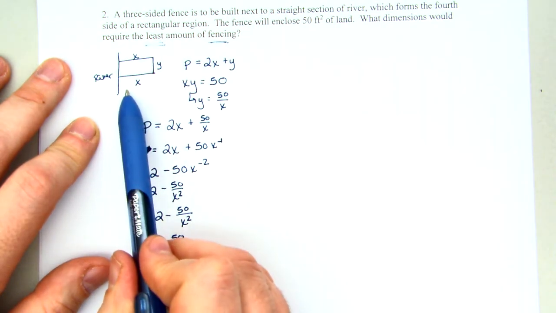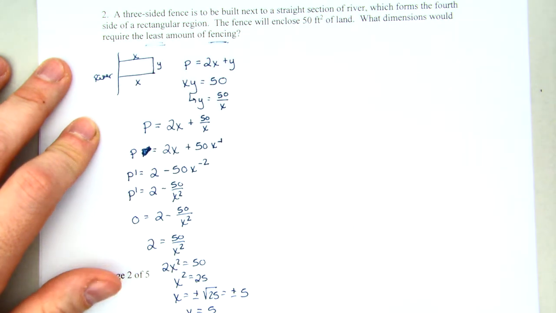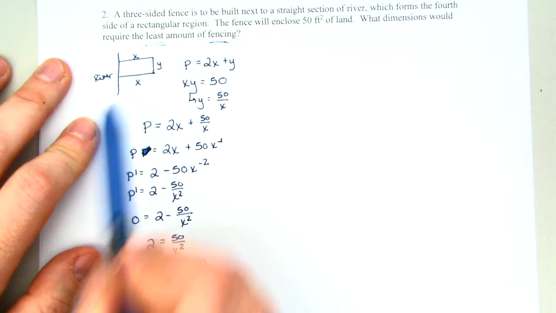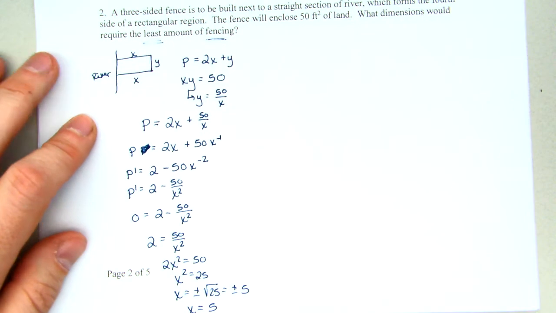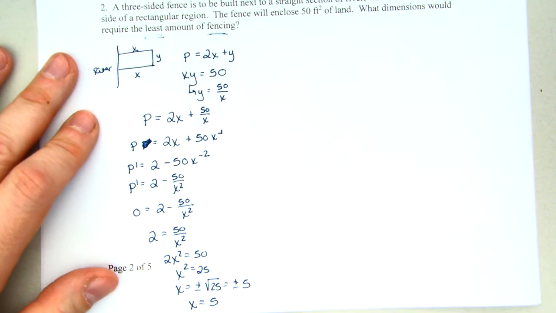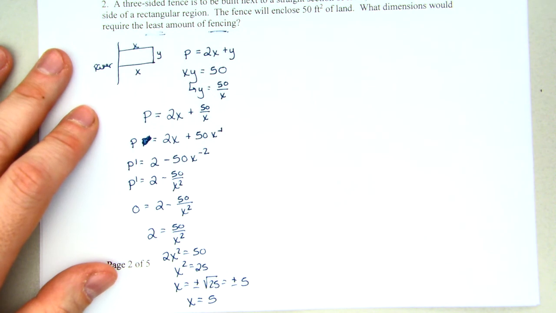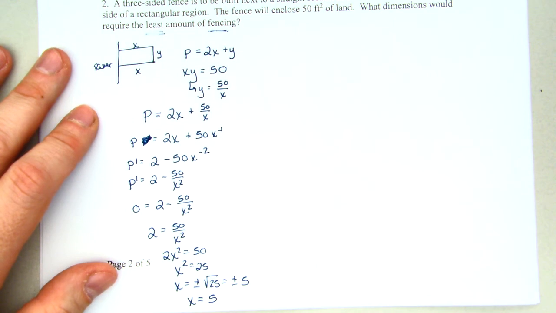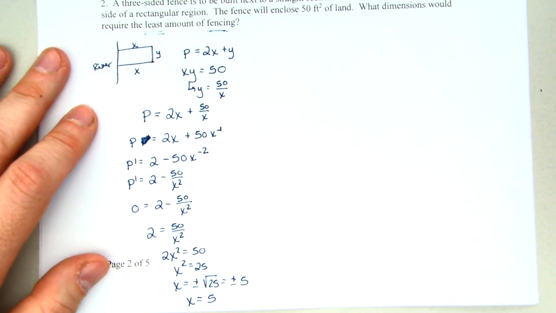X could be 1,000, and y would be 1/20th. There actually is no maximum that x can be, which means the candidates test isn't going to work here. Instead of using the candidates test, we need to use that global justification method that I think I mentioned in the first video, didn't tell you how to use it, but just mentioned it.